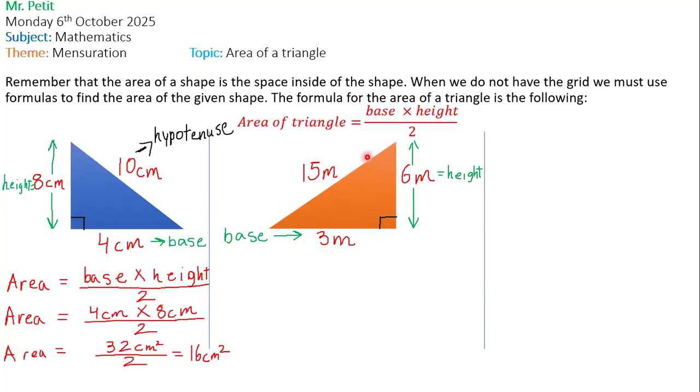Hypotenuse. Very good. The hypotenuse is the longest side. We don't ever use this side when we deal with right angle triangles, not for the area.